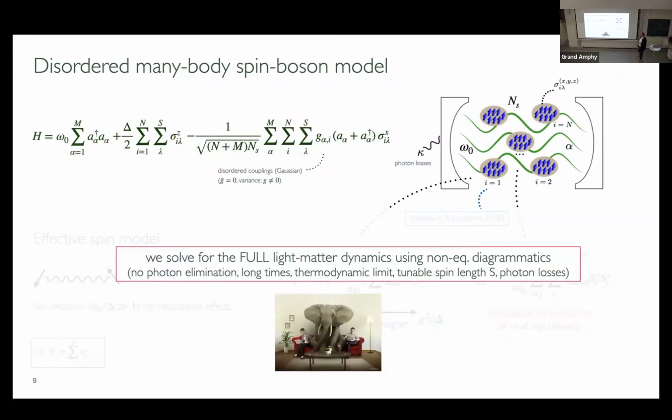We solve the full light matter problem, and because I'm talking to a, let's say, theory-versed audience, in the end of the day, perhaps the fact that we can do nice things like long time, thermodynamic limit, play with spin length, maybe it's not so surprising because it's fully connected. So after disorder averaging, being a model without dimensionality, by, let's say, overselling or underselling, perhaps what we are doing is a sort of dynamical mean field. So the fact that this can be done in full glory, perhaps to this audience, is not surprising.